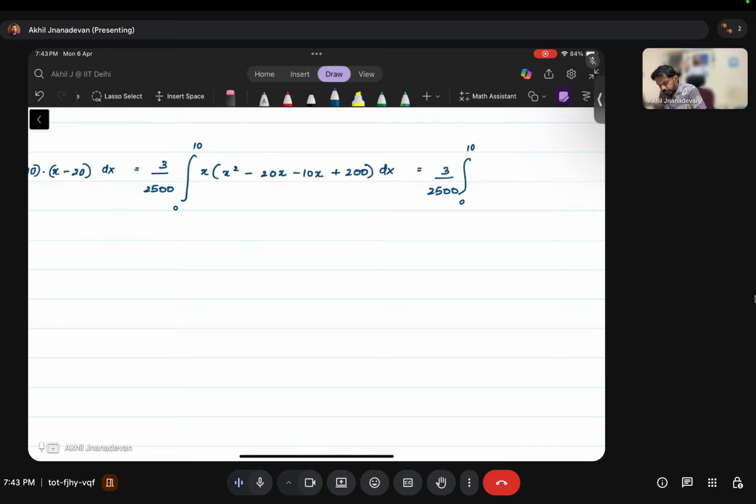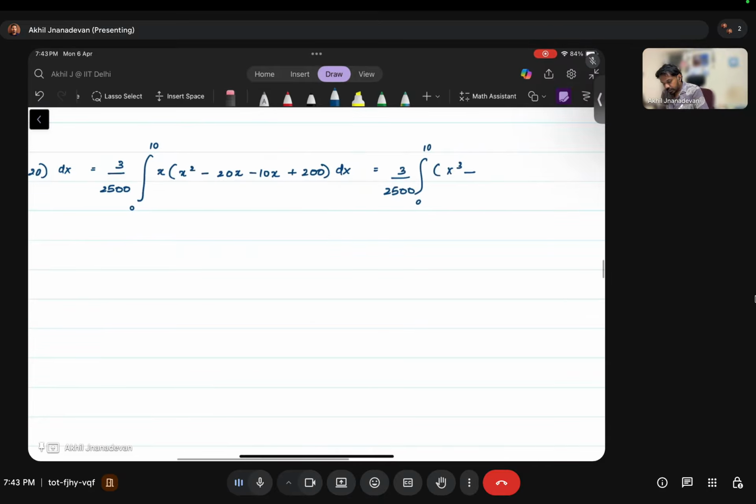So x, if we take it inside, it will be x cube minus 30x, that is 30x minus 10 minus 30x square plus 200x dx, right?